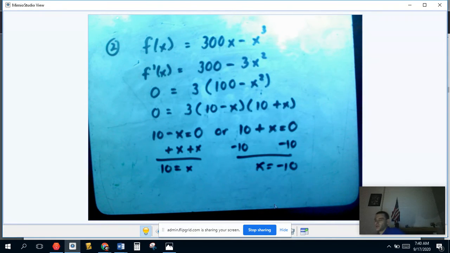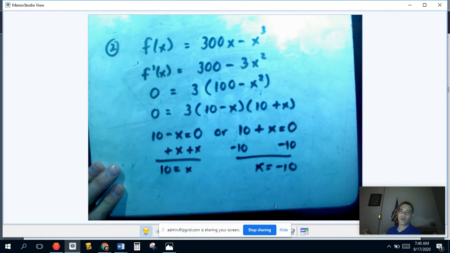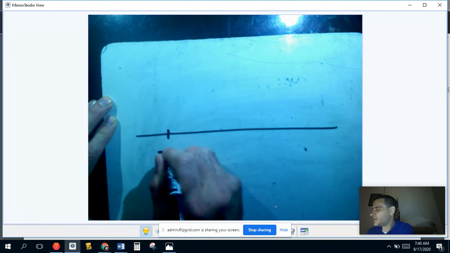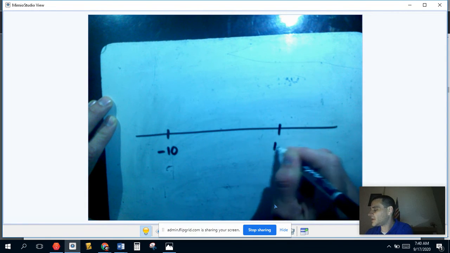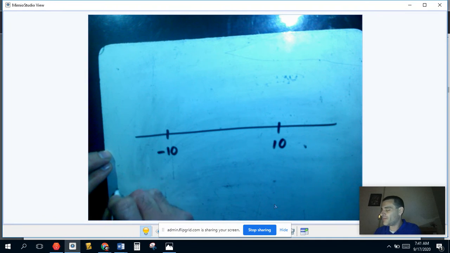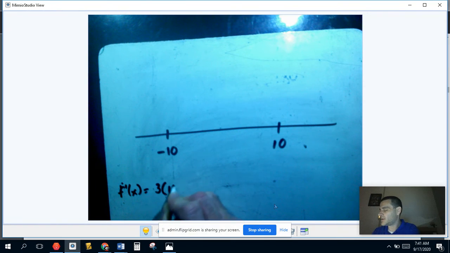So let me go to this next slide here. People do this different ways. I'll show you the way I like to do it. I'm going to do a number line. Put negative 10 and 10 like this, and write down my derivative. My derivative was 3 times 10 minus x times 10 plus x.